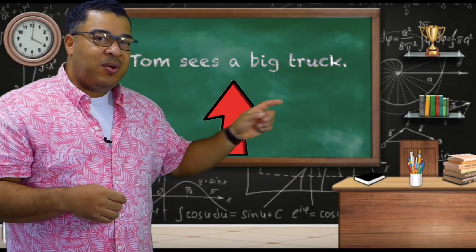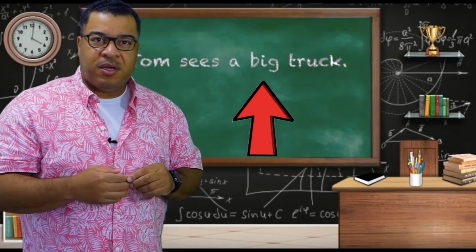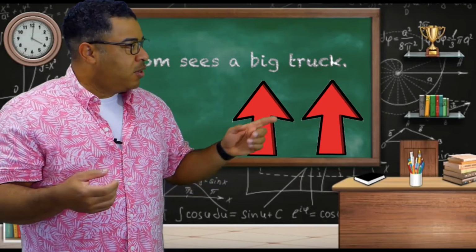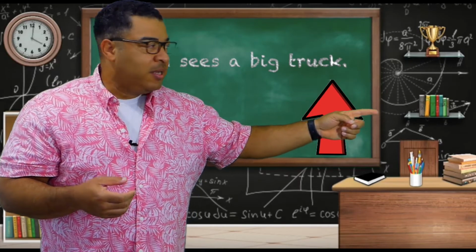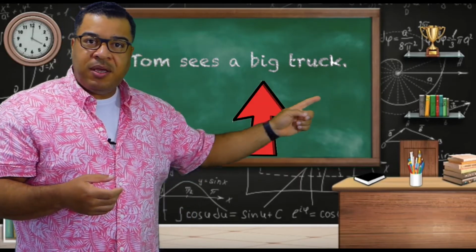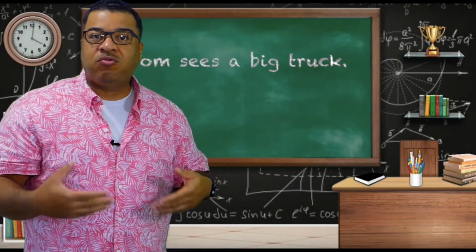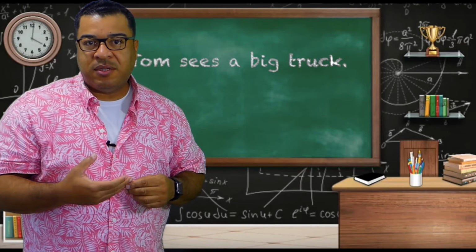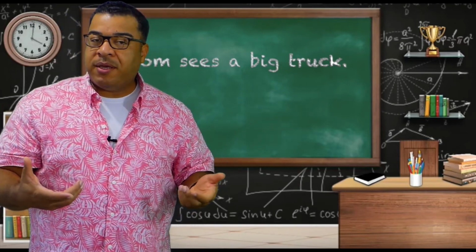And the next word, big. So big, what's big? So truck. We know truck is a noun. So this big here, it's telling us about the noun. It's describing the noun to us. So big truck. The truck is very big.